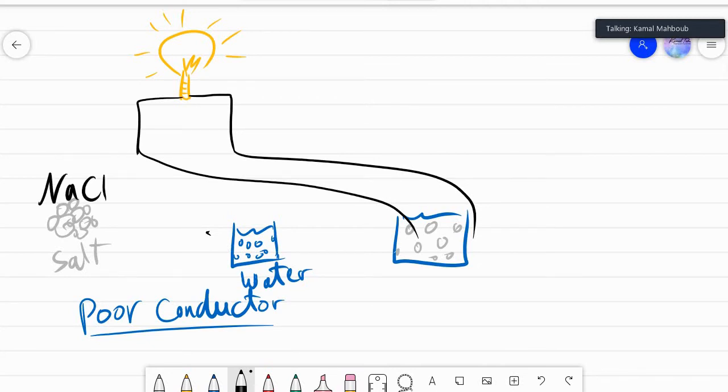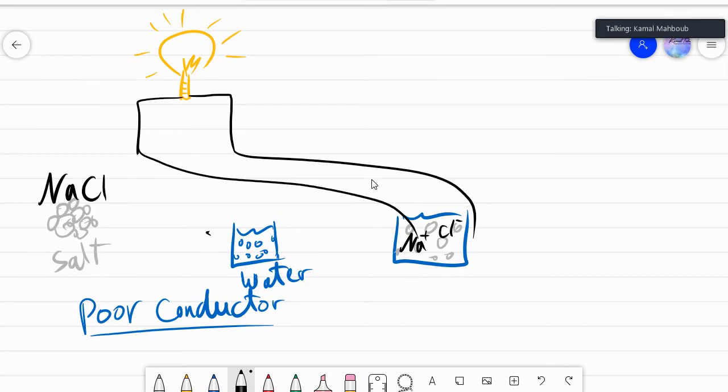When we dissolve both of them in the water, they will divide, the sodium in one part and the chlorine in another part. And now this is something called ions. These ions will let the electricity work and make the solution a good conductor of electricity.